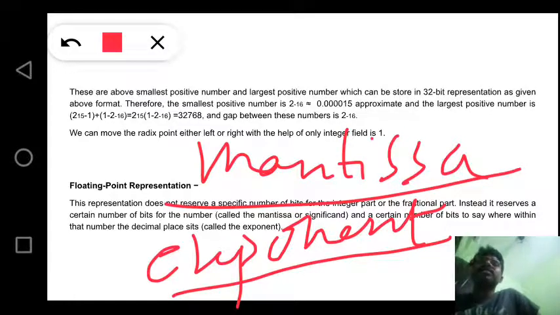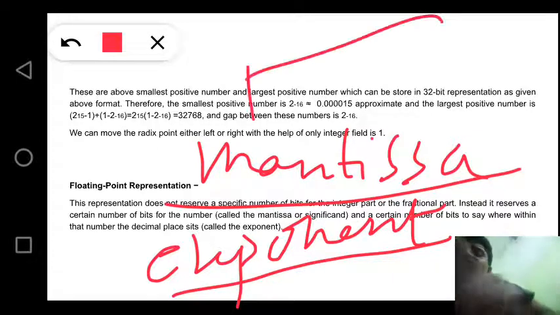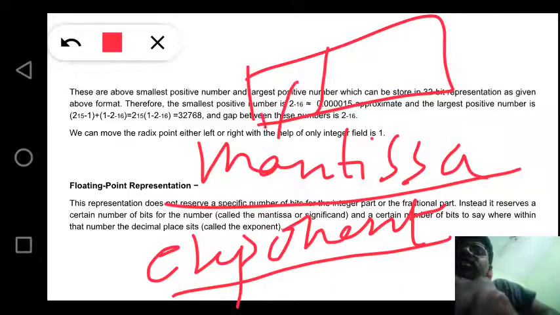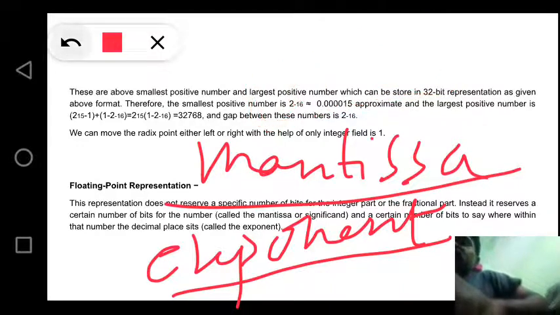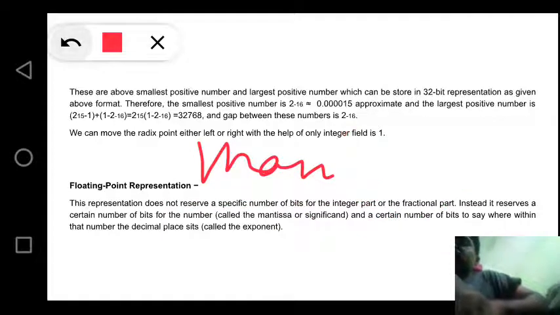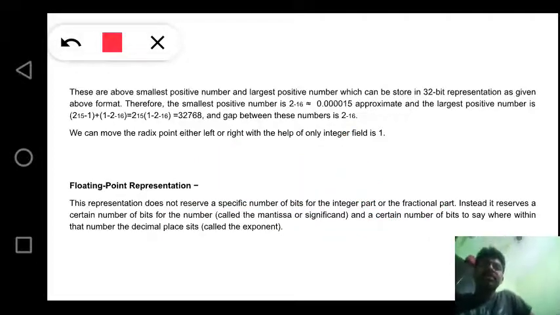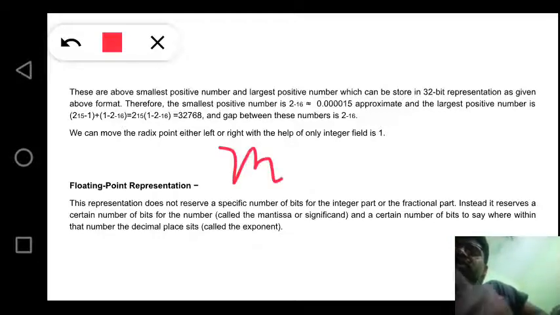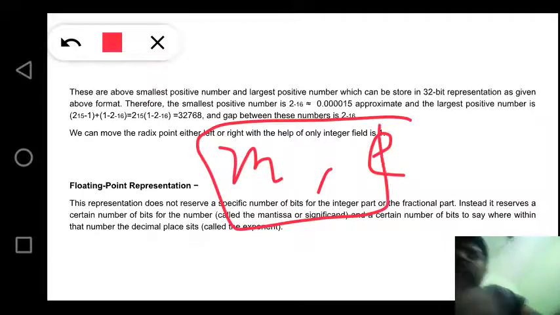Mantissa means a certain number of bits for the number, and exponent says where within the number the decimal place sits. We'll discuss in detail about mantissa and exponent. Just remember this point. Floating point representation has special terms called mantissa and exponent.